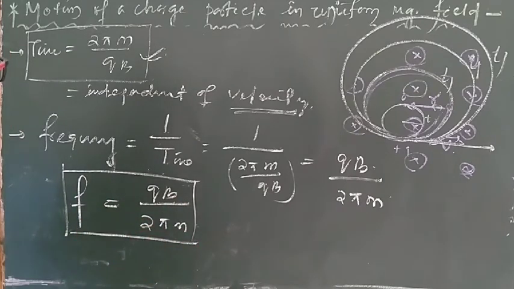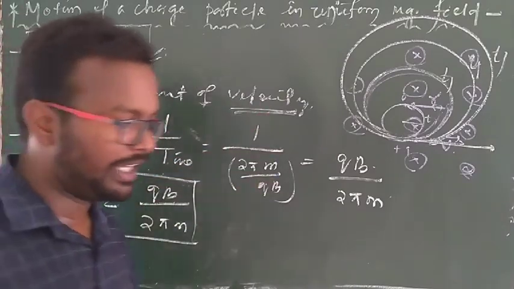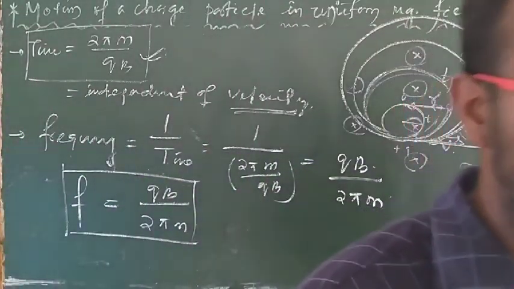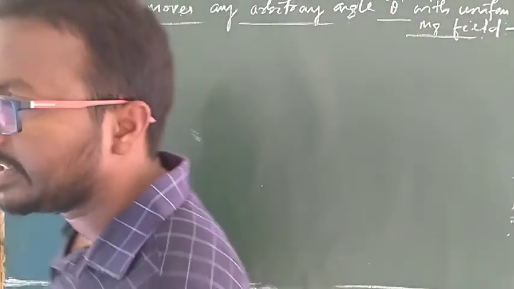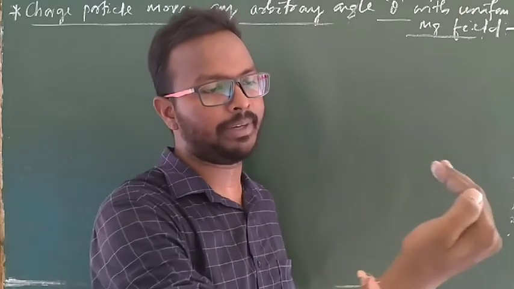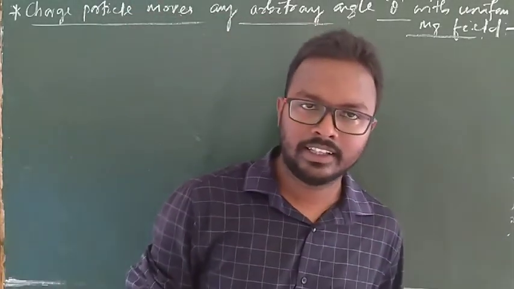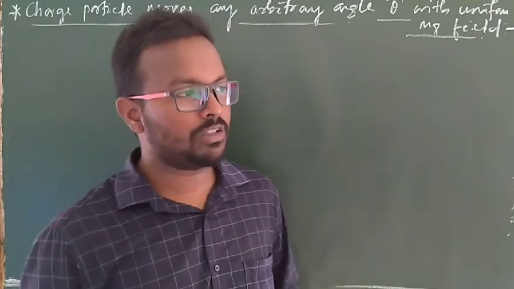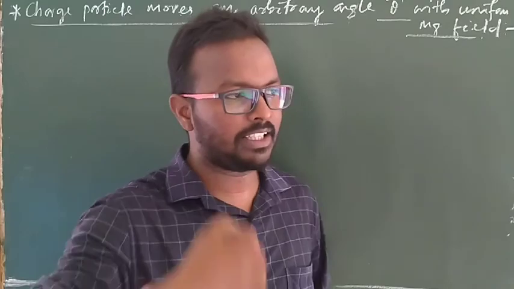And here the time and frequency are independent of the velocity of the charged particle. So far we have discussed that if a charged particle moves parallel or anti-parallel to the direction of the magnetic field, then the path is a straight line. And if it moves perpendicular to the magnetic field, then the path is circular.